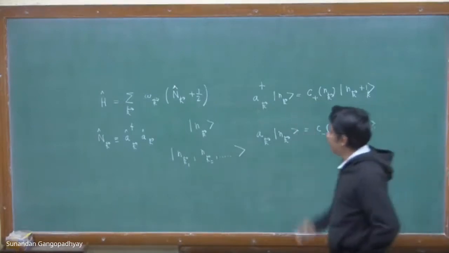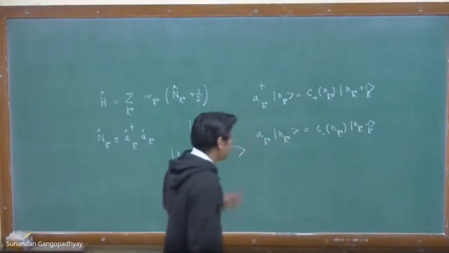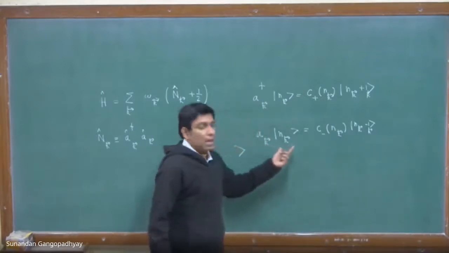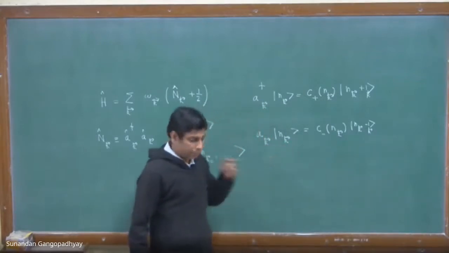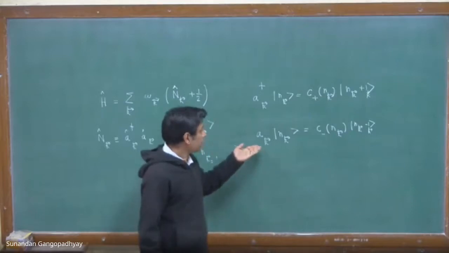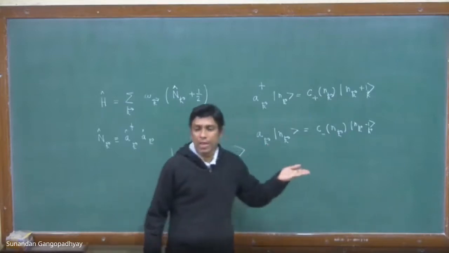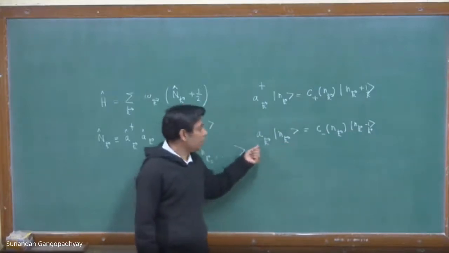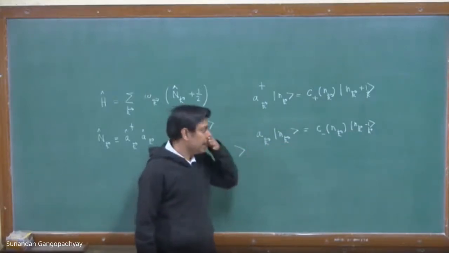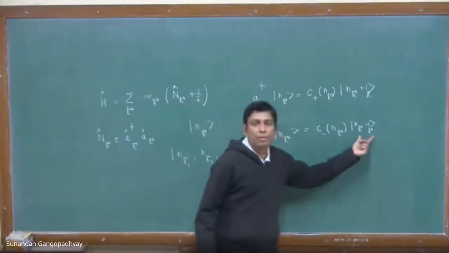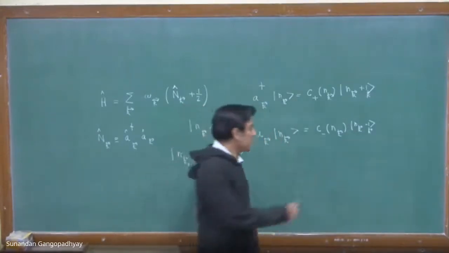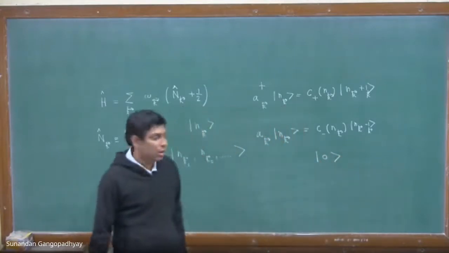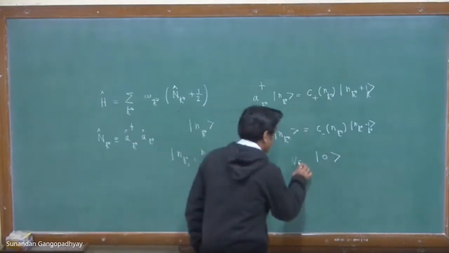So we have the interpretation. Now we look at this equation. Let us start from 5 particles, right? If we have a state with 5 particles, and you keep on acting with this annihilation operator, a situation will come when you will have a state with no particles, and that is the state we denote by 0, and this is said to be the vacuum state.